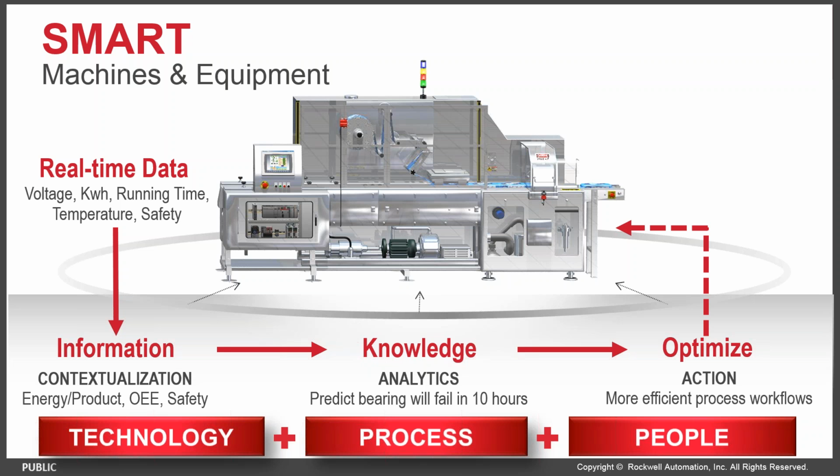Smart machines and equipment provide unprecedented access to real-time data that can be turned into actionable information. Data can be logged and analyzed to help workers make better decisions and ultimately optimize not only the equipment but the manufacturing process.